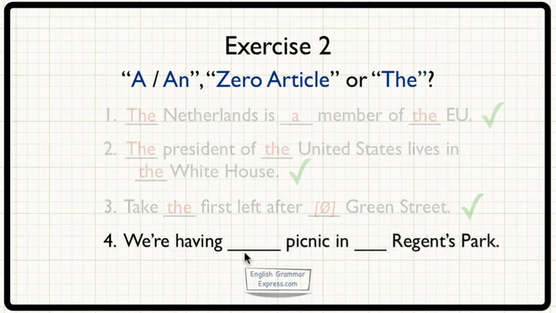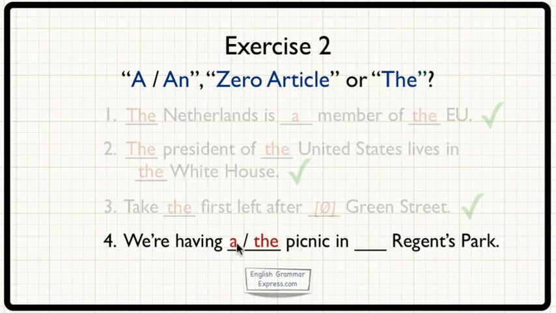Sentence number 4 now. We're having something picnic in something Regent's Park. Let's go to picnic first of all, which is a countable singular. Do we use a or an, which is for talking generally, or the, which is for talking about something in particular? Well, in this case, the answer is we could use either.